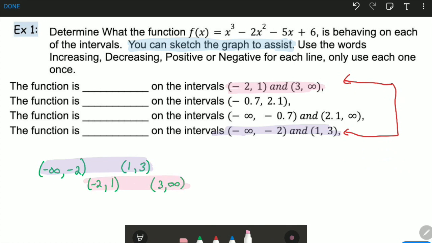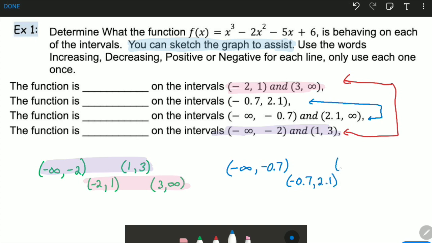Okay, I'm going to do the same thing with the other set of intervals. So we have -infinity to -0.7. We have -0.7 to 2.1.